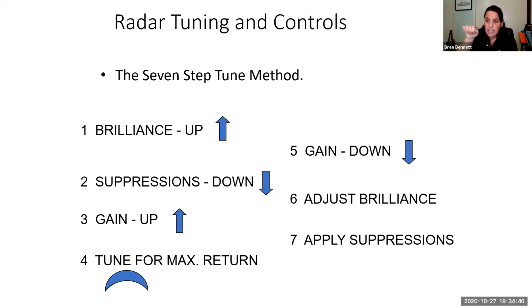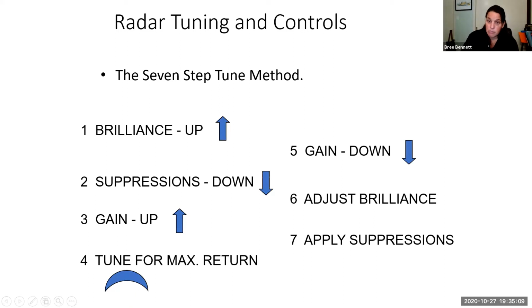So you turn your gain up till you get all of this clutter, auto tune it. Clutter might change, might not. And then you turn it down until you get just a few speckles here and there. Not really maintaining speckles, just popping up and going away, a little snow. I keep saying that.